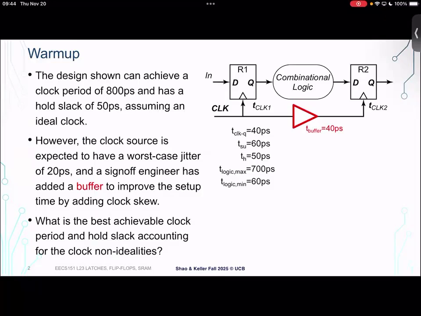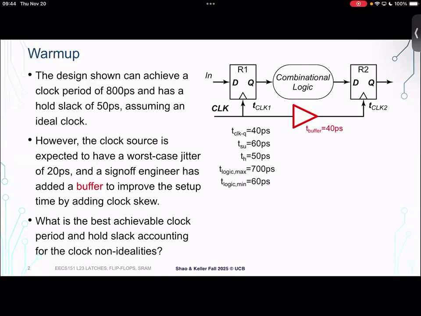All right, let's talk about this one a little bit. Let's recall a little from last lecture. On Tuesday, we talked about two key aspects of timing analysis and sequential logic. Setup time is concerned with slow paths.